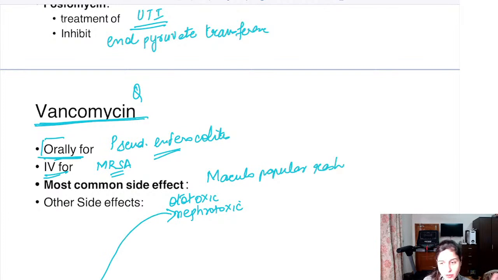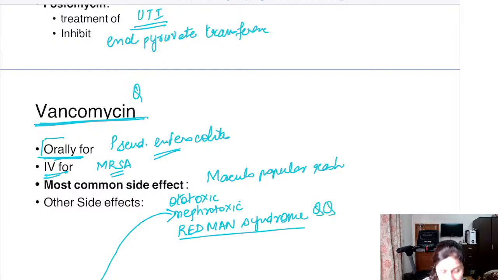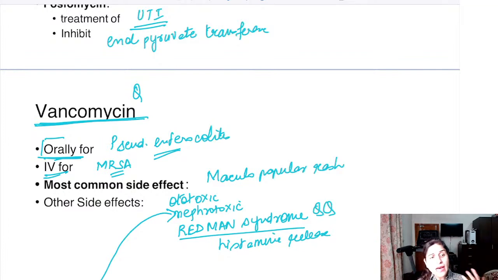And the popular question about vancomycin side effect is, yes, very good, red man syndrome, which is asked multiple times, and this is because of histamine release. There is a rash on the face, the neck or the upper trunk. Currently it is not a problem because now you know how to manage this.